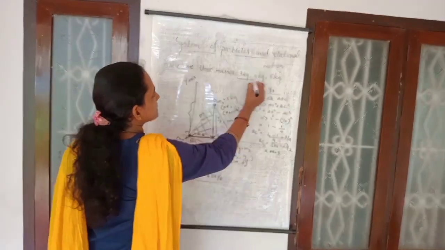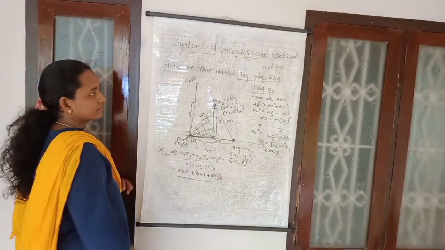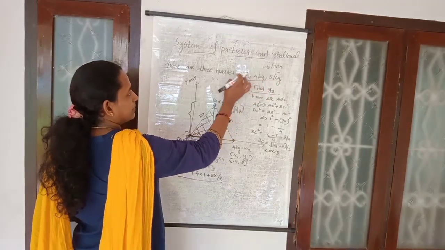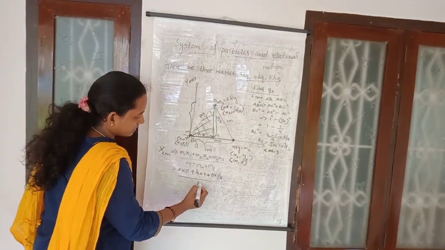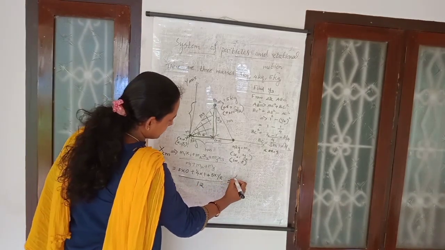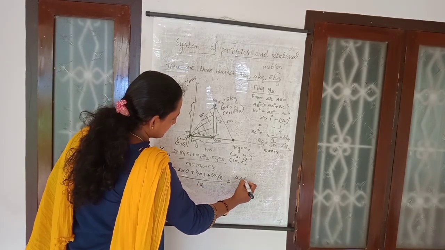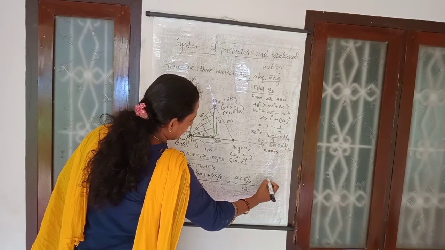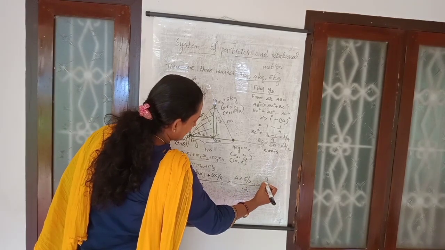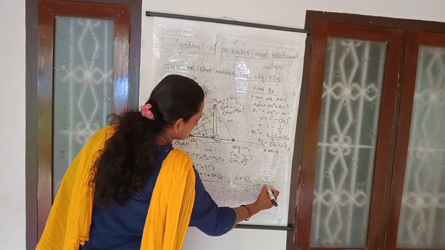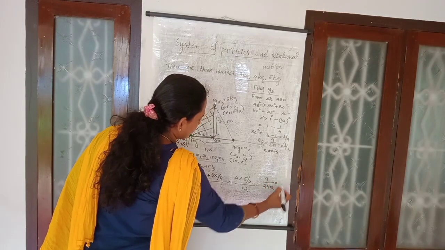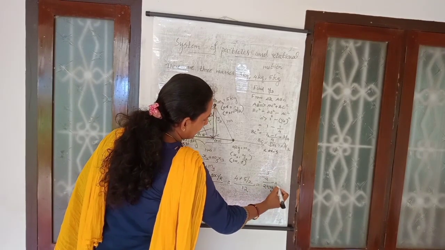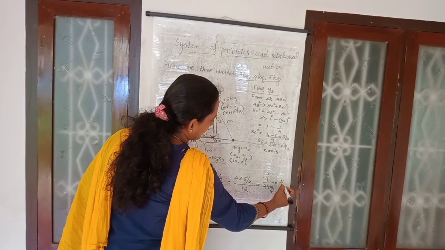How much is M1 plus M2 plus M3? 4 plus 5, 9, 9 plus 3, 12. Therefore it is (4 plus 5 by 2) divided by 12, that is 9 by 2 into 12, that is 3 by 8.